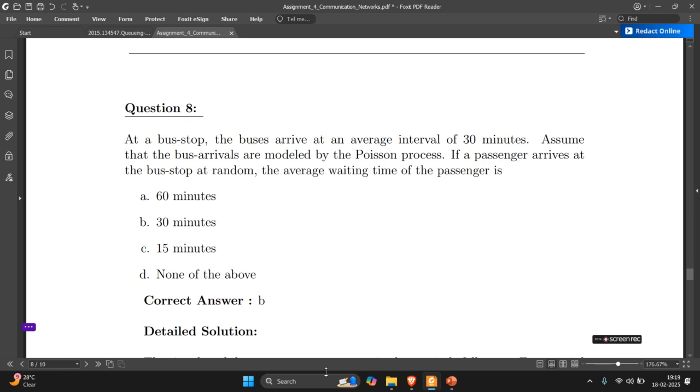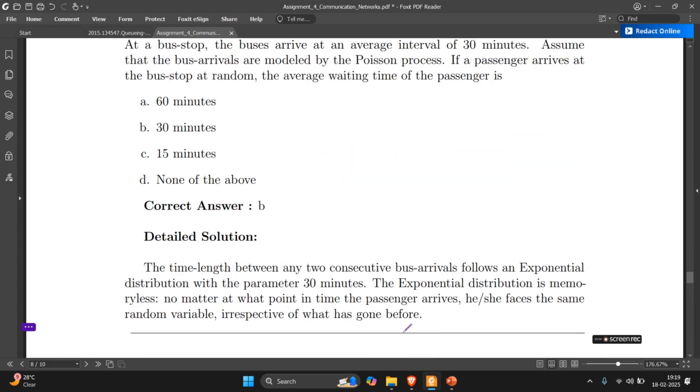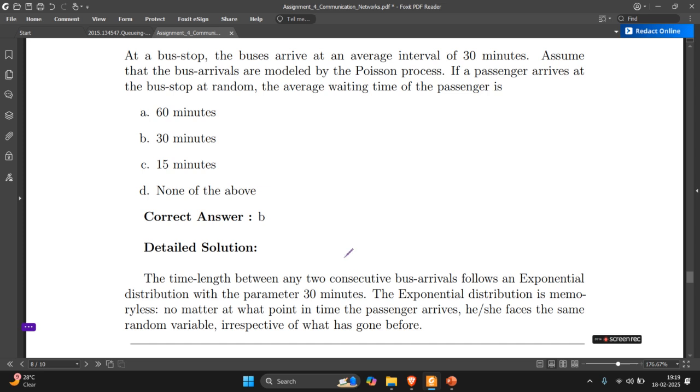So basically, you have to find the average waiting time of a Poisson queue. The buses arrive with inter-arrival time 30 minutes, so what is the average waiting time?